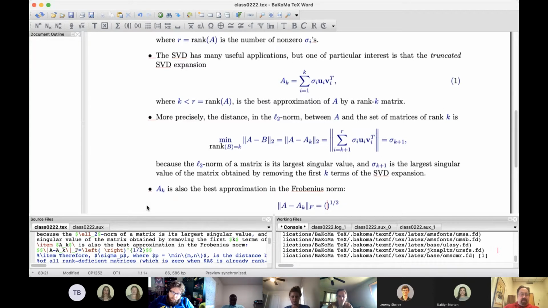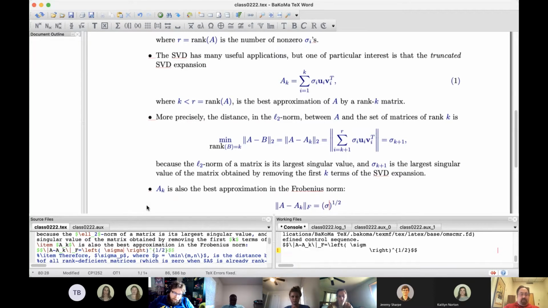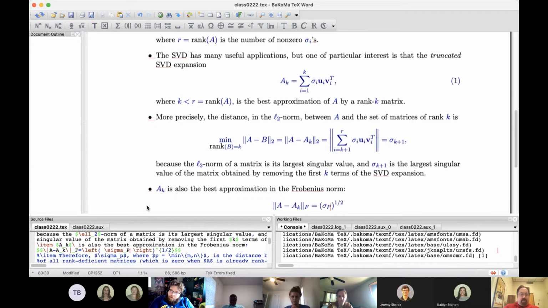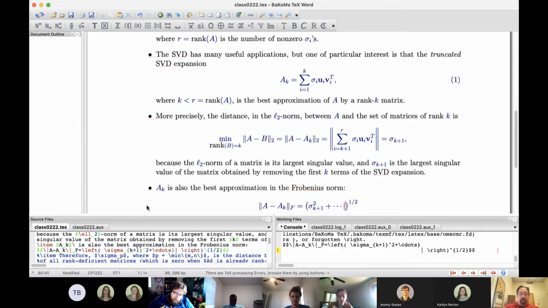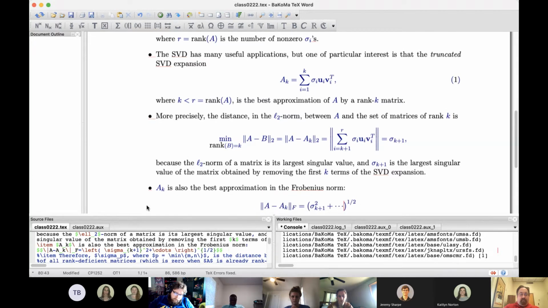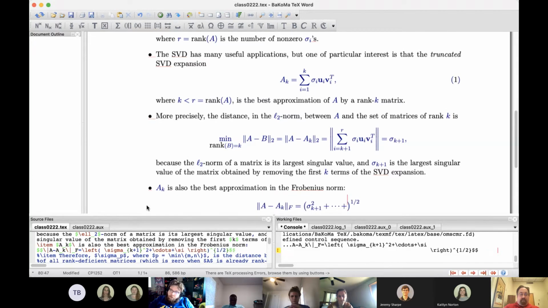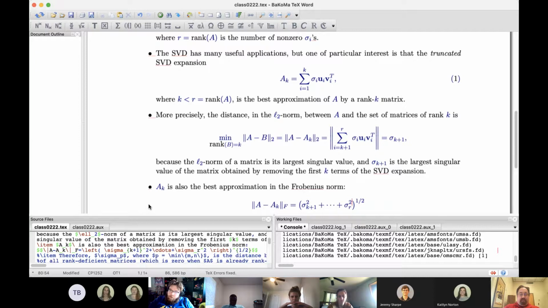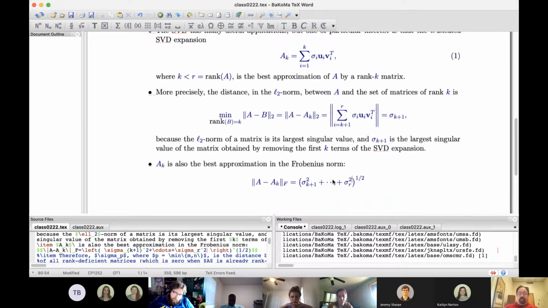If you take all the singular values starting from sigma k plus 1 all the way up to sigma r, which is the smallest non-zero singular value, you take the square root of the sum of squares of those, and that's the error in the Frobenius norm.